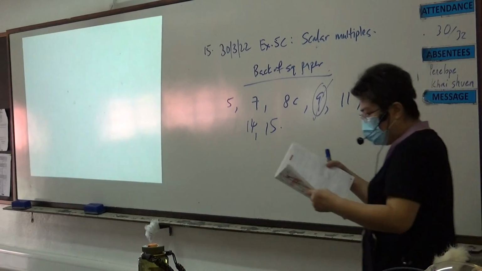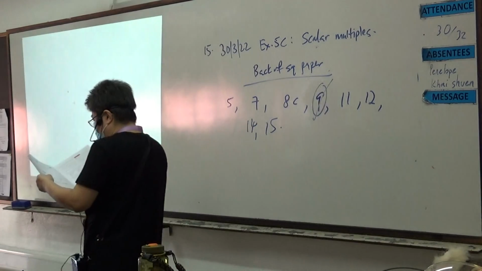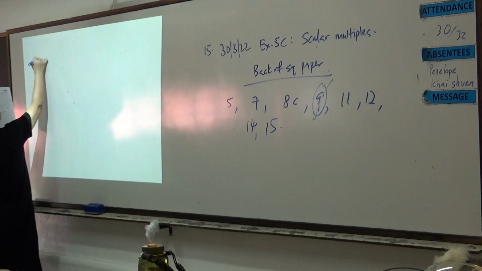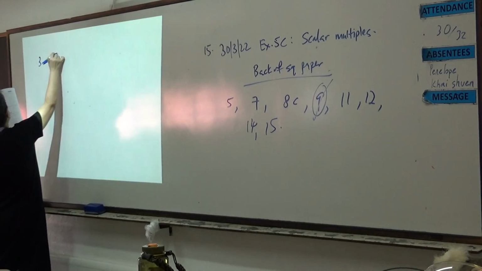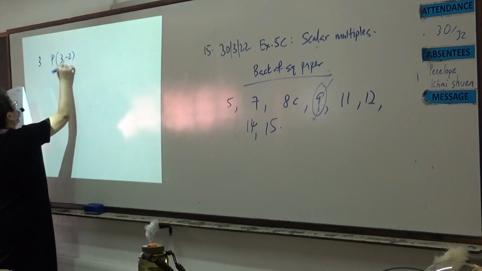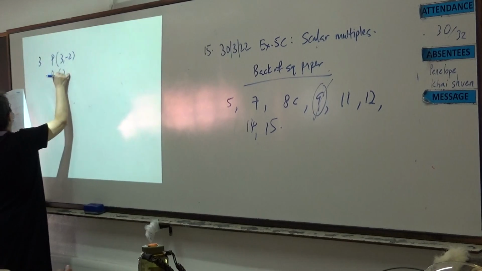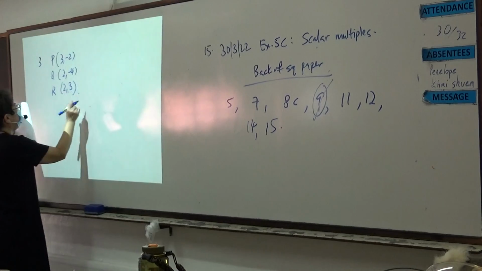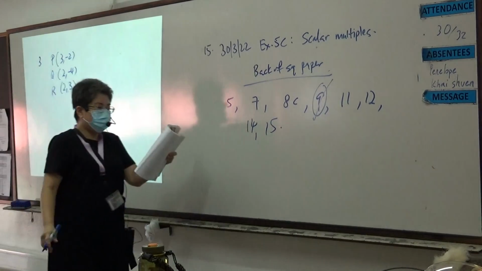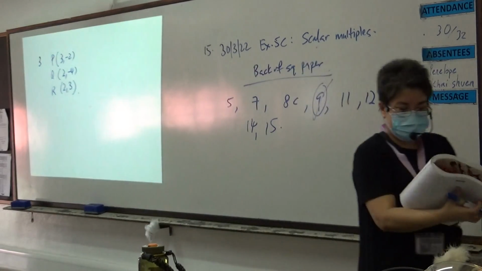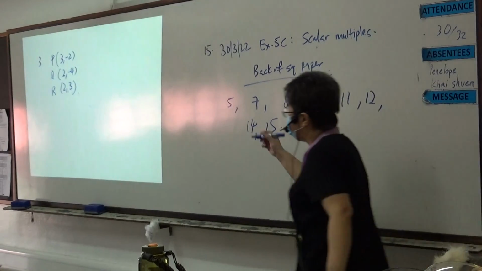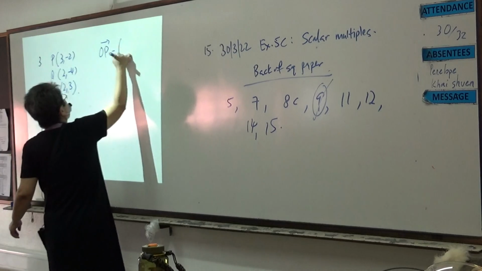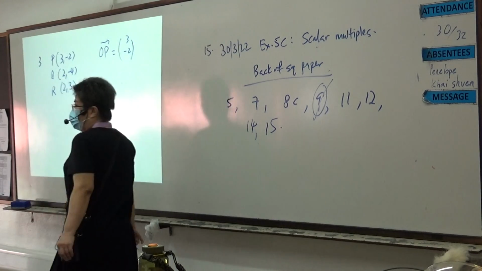If P, Q, and R are points, respectively, expressed as column vectors. Okay. Number 3. I want to write now P, now, if I have this info, right, what does it mean? OP is what? 3 negative 2.